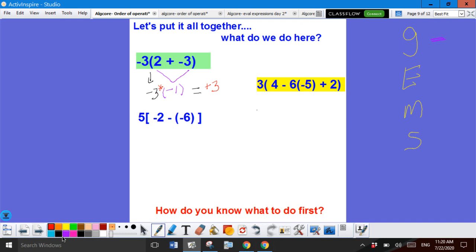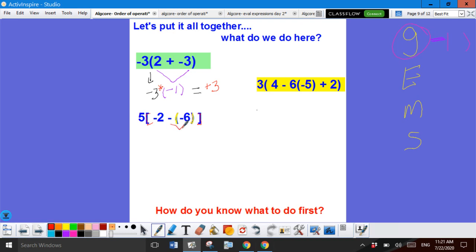All right, let's move down to the blue one. Do we have parentheses again? We actually have parentheses and brackets, because we have these here and these here. When I have double parentheses or double brackets or grouping symbols, I'm always going to start on the inside first.